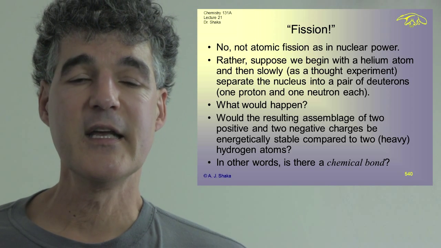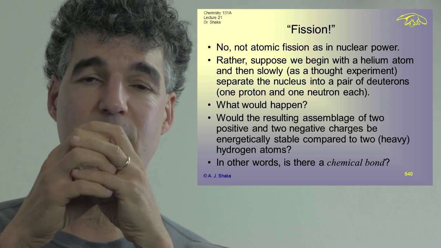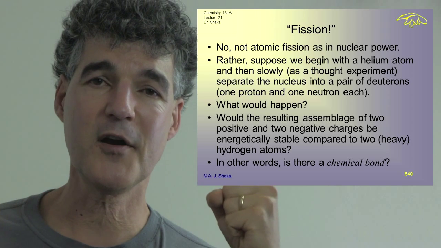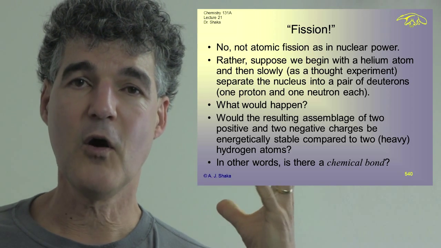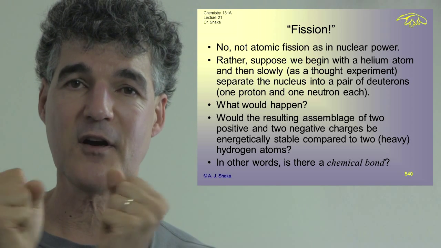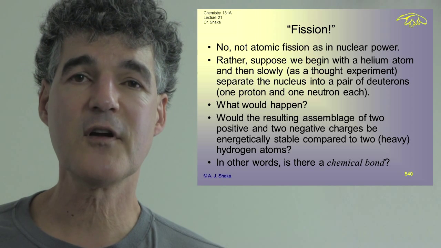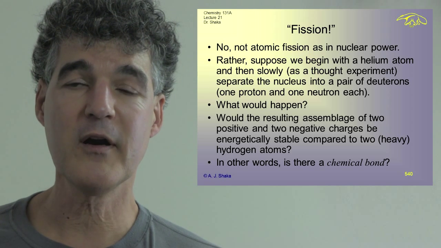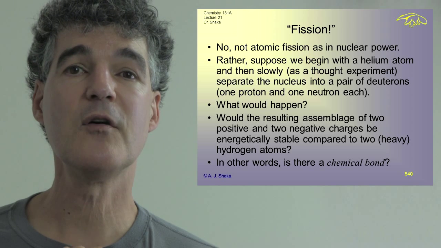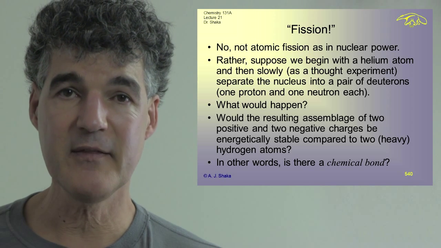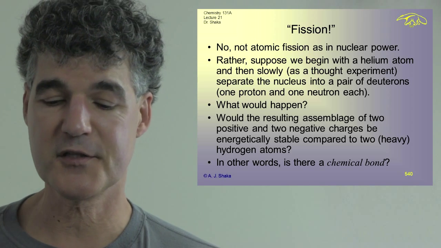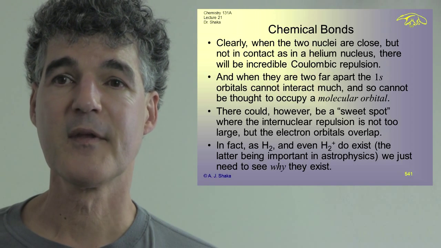In other words, if we imagine mentally pulling this helium nucleus apart, would it hold together even though the things aren't held together by the strong force? Would the electrons hold it together, or would there be a chemical bond between these two positively charged particles?